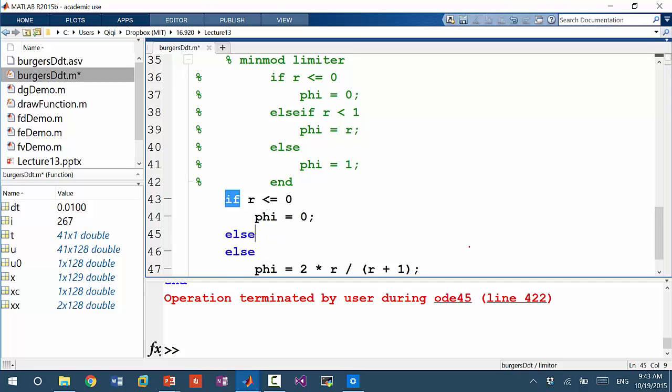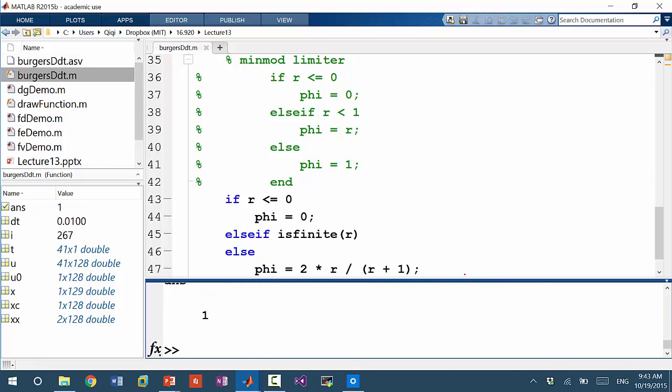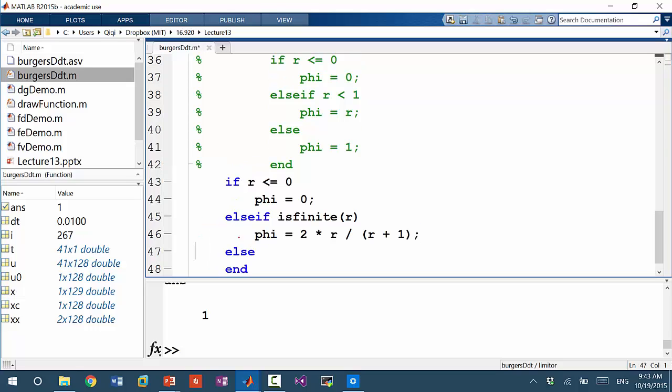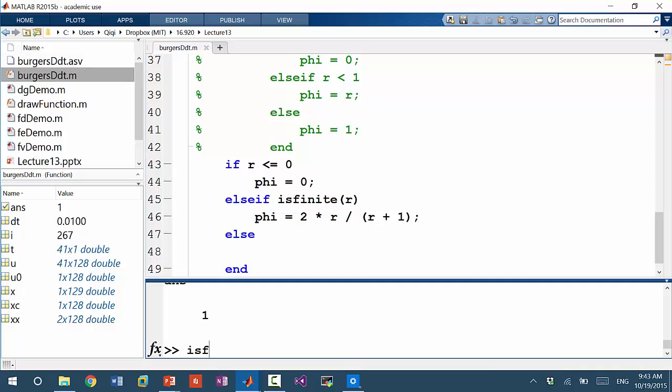Instead, I need an else if isfinite(r). Is isfinite an appropriate function? Yes. Okay. So if it's finite, I'm going to do this. And if r is either infinity or not a number, isfinite is going to return 0.